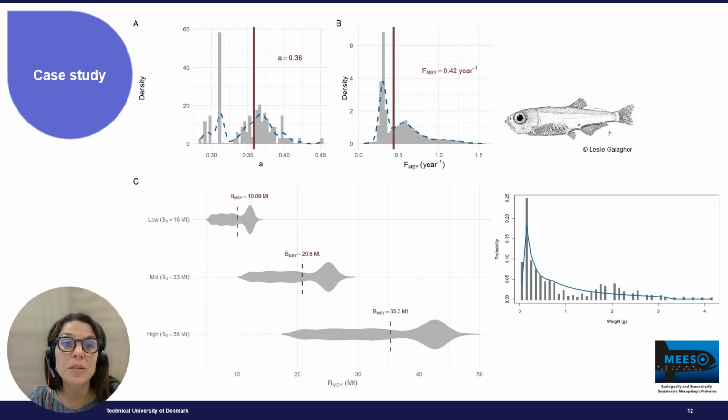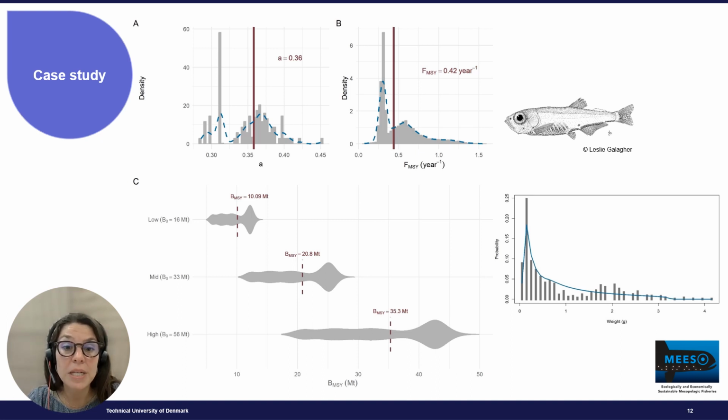Using this approach, it is possible to generate distributions of all estimated parameters, as can be seen on this figure here for Maurolicus muelleri. Here, for example, panel A shows the parameter distribution of the estimated physiological mortality. Panel B shows the distribution of FMSY.